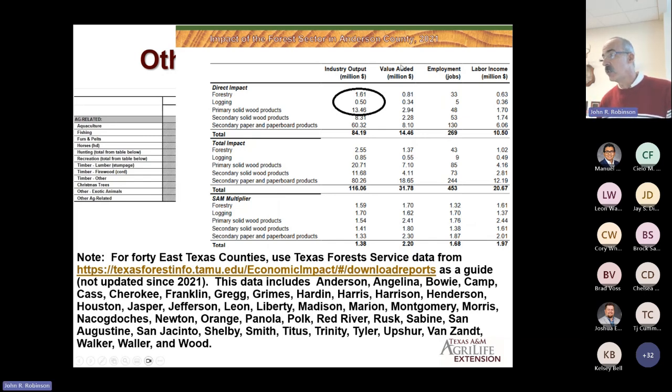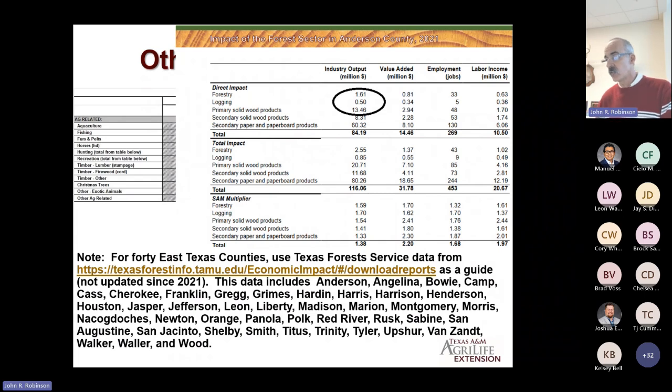The trouble is 2021 was the last year they published these numbers. Now I have checked with them, and they said they were updating and that they were going to come out with new numbers, but I don't know if that'll be for 2024 or not. It seems to be an irregular thing.